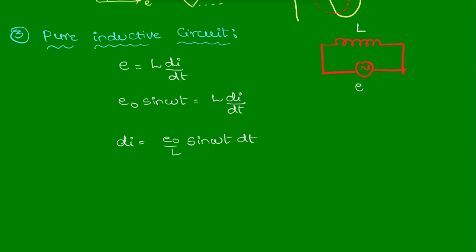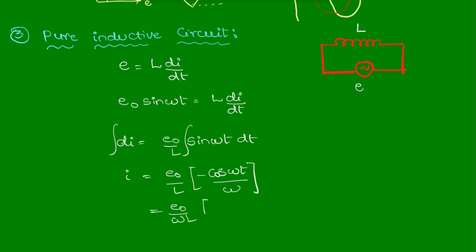So if we integrate on both sides, we'll get I equal to E naught by L into minus cos omega t by omega, or this we can write as E naught by omega L into sin omega t minus pi by 2, because if I take the minus sign as common, sin of minus theta will be minus sin theta.